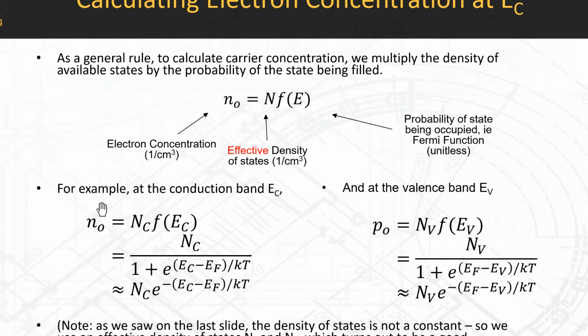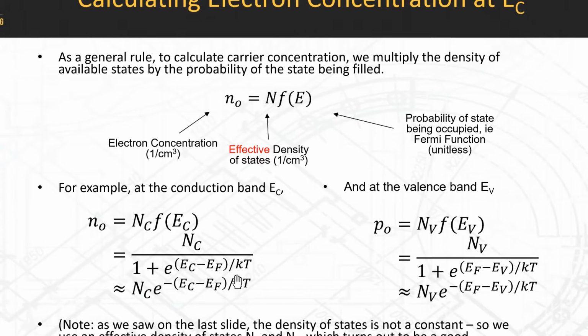So if we're looking at the conduction band, n0 is equal to the effective density of states in the conduction band, Nc, multiplied by the Fermi function. And that's equal to Nc divided by this quantity, which comes from the Fermi function.